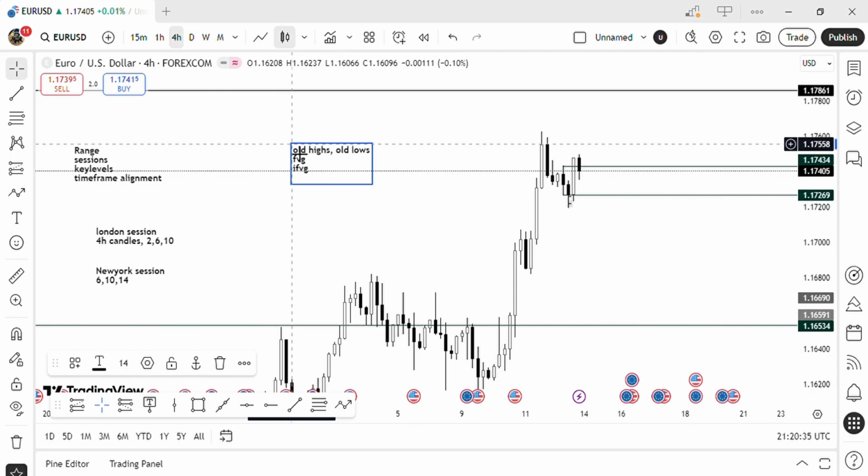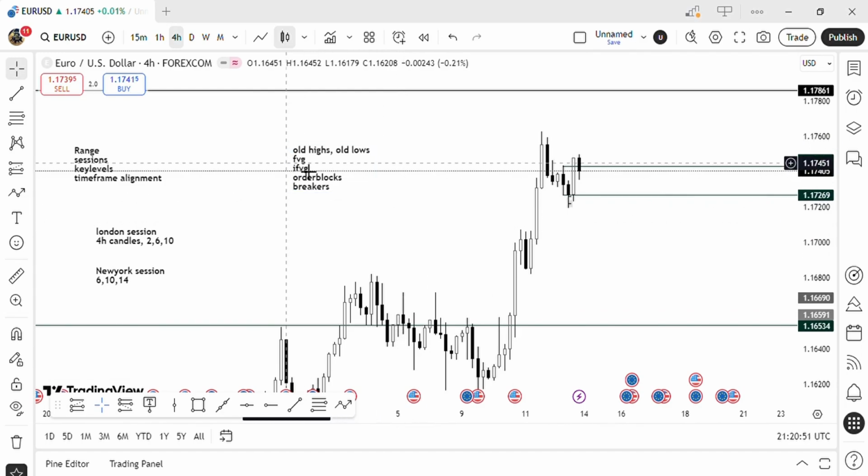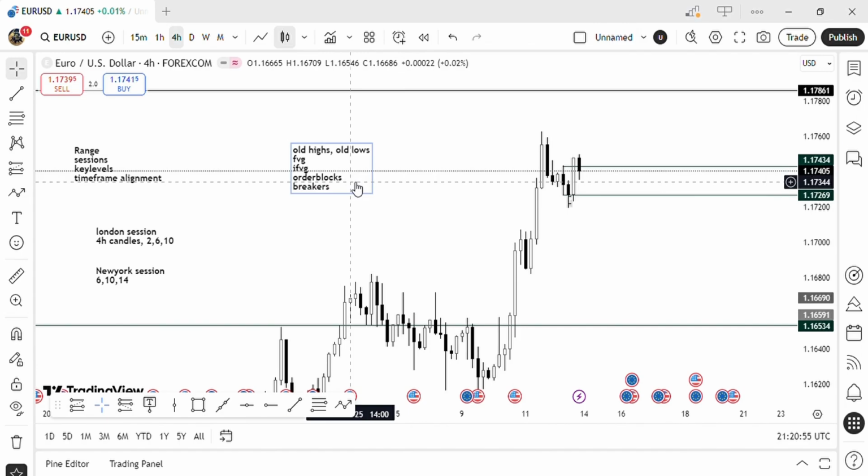Order blocks could serve as your key levels. Breakers could serve as your key levels. Some would even use previous day high, previous day low, together with other factors.